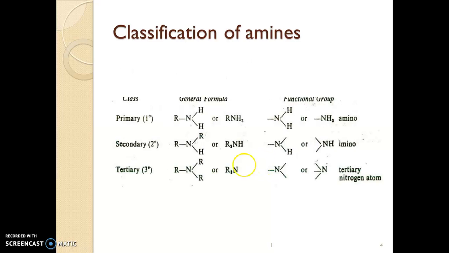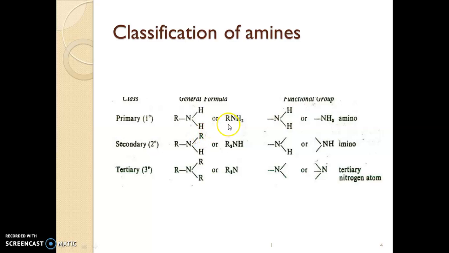Here we can see the chart which contains the class, general formula and functional group. The first type is the primary amine. The general formula is RNH2. In the case of primary amine, only 1 alkyl group is directly attached to the nitrogen and the remaining 2 are hydrogens.